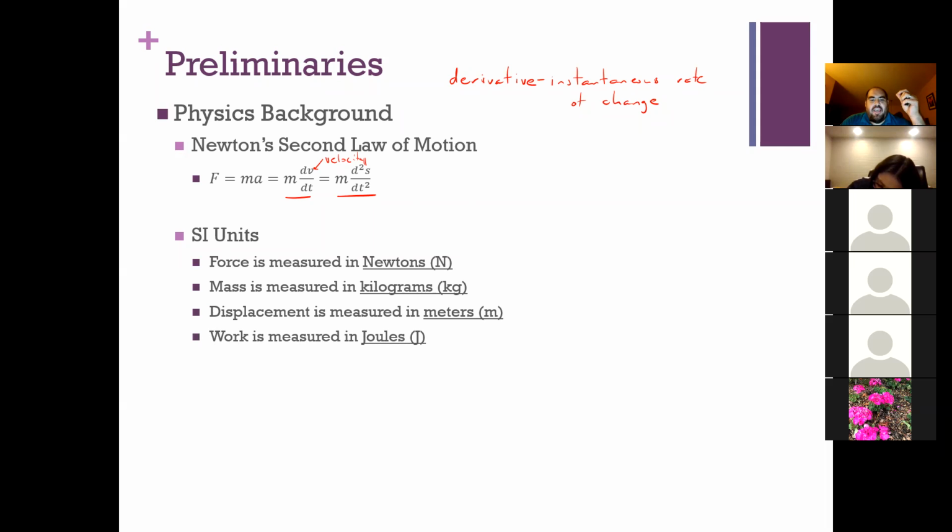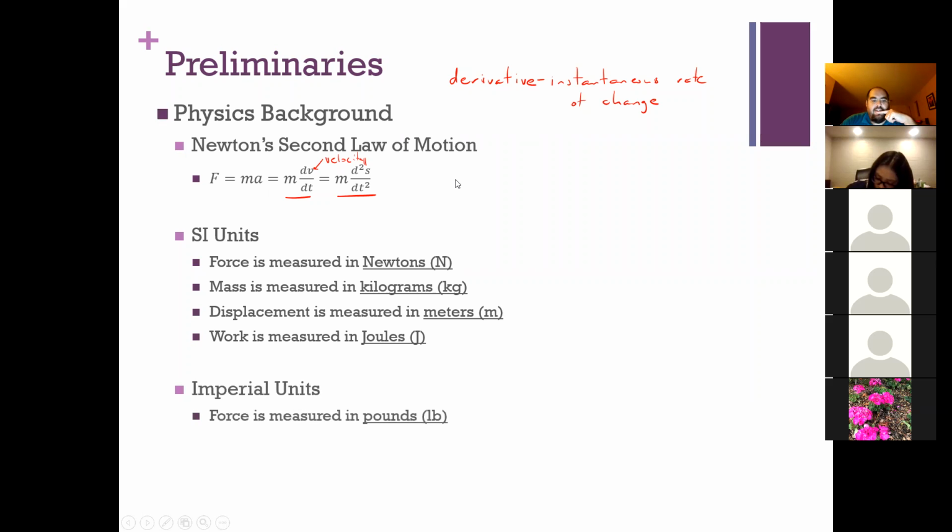Work is measured in joules, and as we said before, work is calculated by simply multiplying force and displacement. So a joule is equivalent to a newton meter. Those are the SI units.